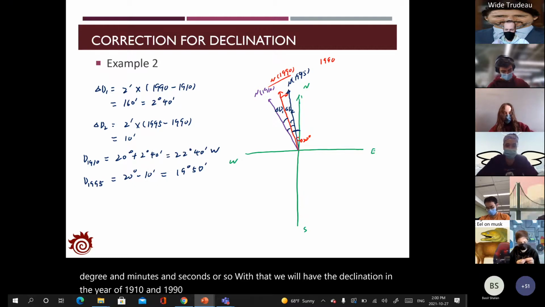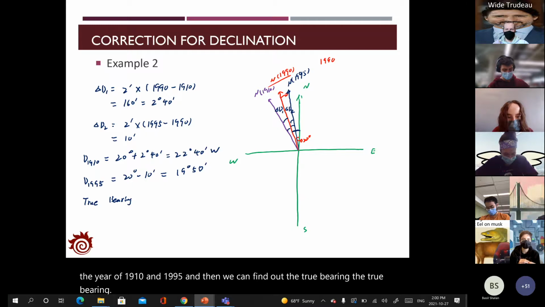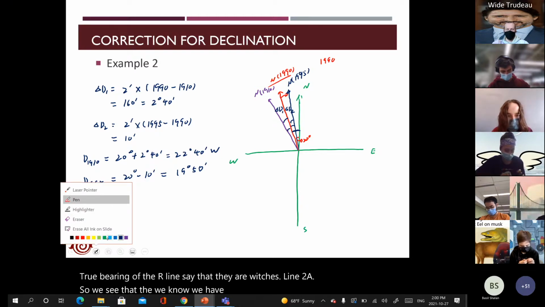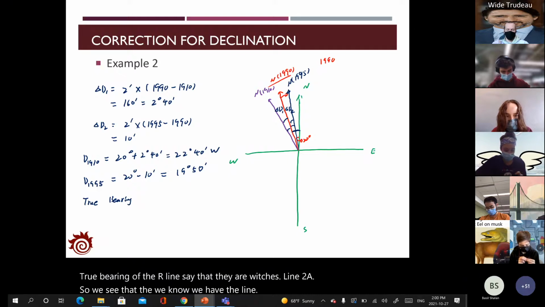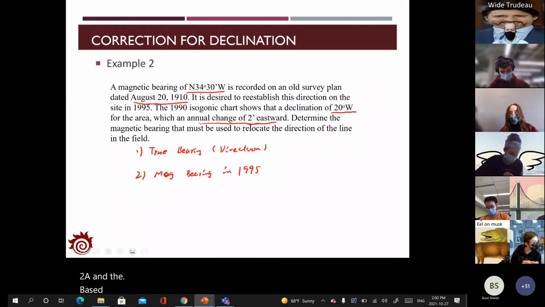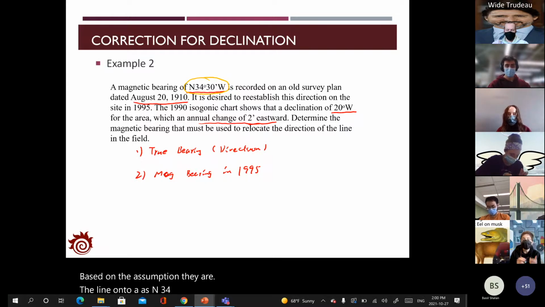And then we can find out the true bearing. The true bearing of the line, which is line O to A. So we have the line O to A, and based on the assumption, line O to A is north 34 degrees 30 minutes west.